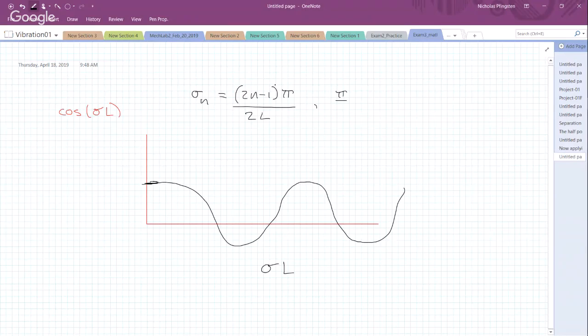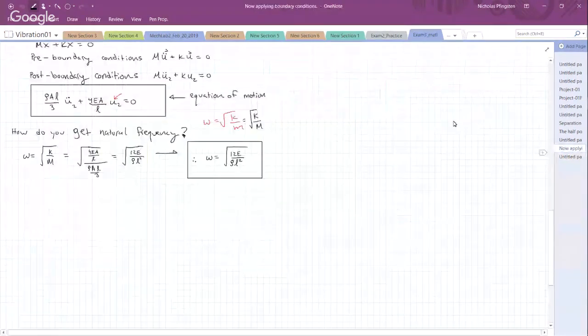We got a different solution for this in the notes, right? Why was it different? Because the equation was different. The sine of sigma L equals 0. We have different values of sigma L to satisfy. Does that make sense? Good.